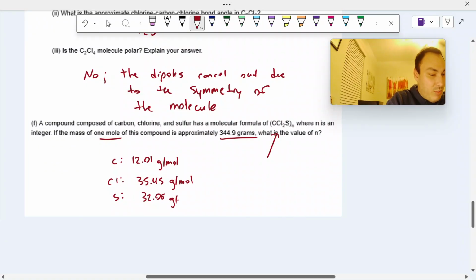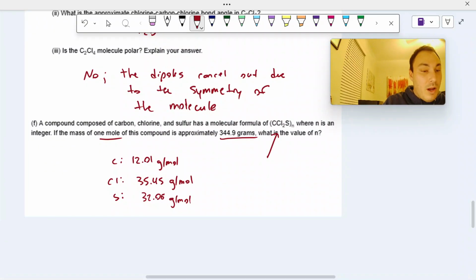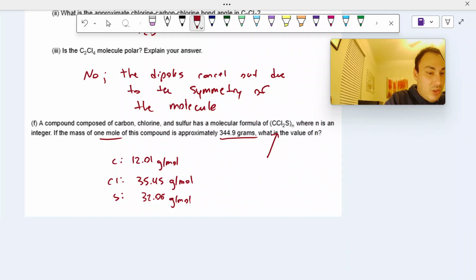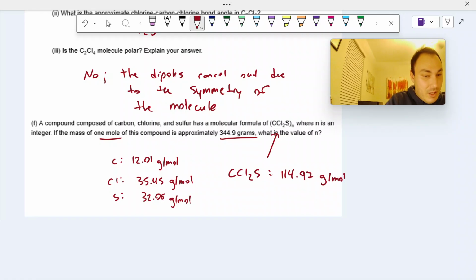Sulfur is 32.06 grams per mole. All right, 1 carbon plus 2 chlorines plus 1 sulfur: 12.01 plus 35.45 plus another 35.45 plus 32.06 is 114.97. So CCl2S is equal to 114.97 grams per mole.